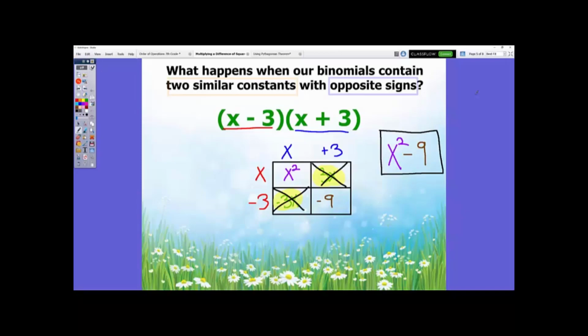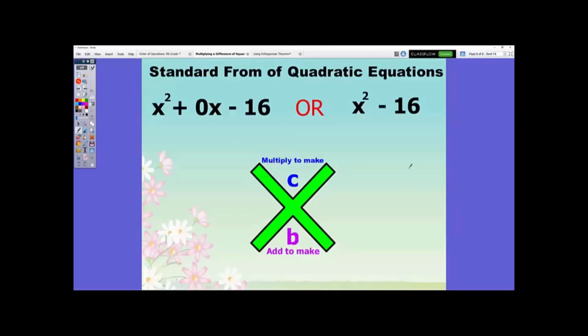When you multiply a difference of squares, the term with the variable to the power of 1 always cancels itself out. And we can use our x puzzles to prove this. This is an example of what we've been dealing with so far.